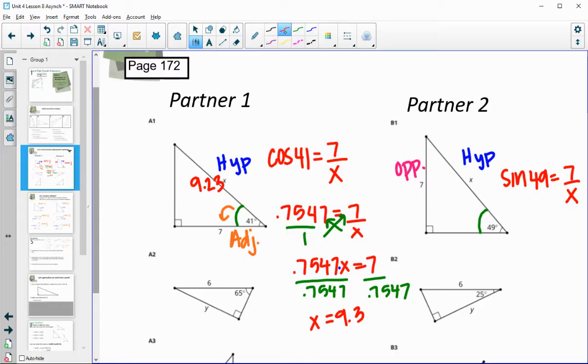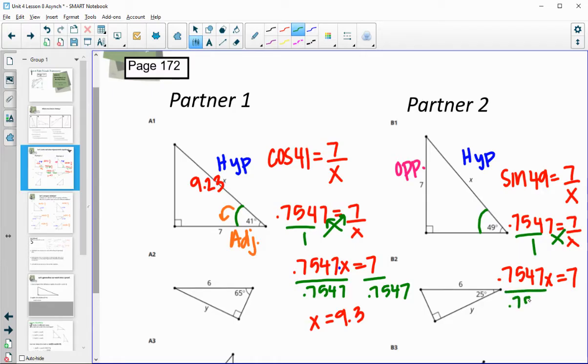You would type in sine of 49 into your calculator and get 0.7547 equals 7 over x. Create that into a proportion so you can cross multiply. 0.7547x equals 7.